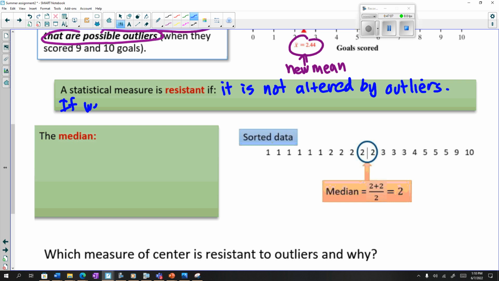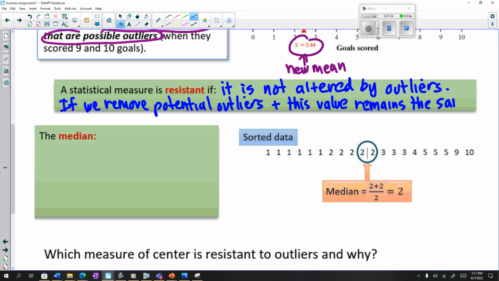If we remove potential outliers from the pack, like above, the 9 and the 10, and this value remains the same, it's called resistant. Okay? So the mean is not resistant because when we remove those 9 and 10, it got moved, it got changed, and it decreased to 2.44, not resistant.